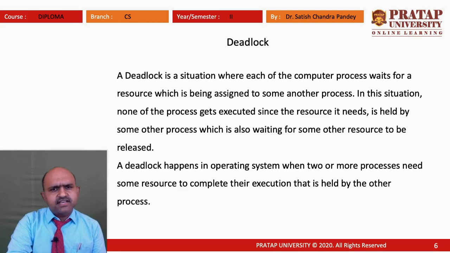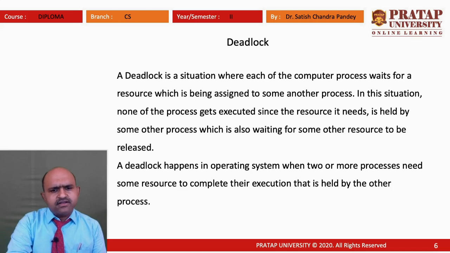In this situation, none of the processes get executed since the resource each needs is held by some other process, which is also waiting for some other resource to be released.